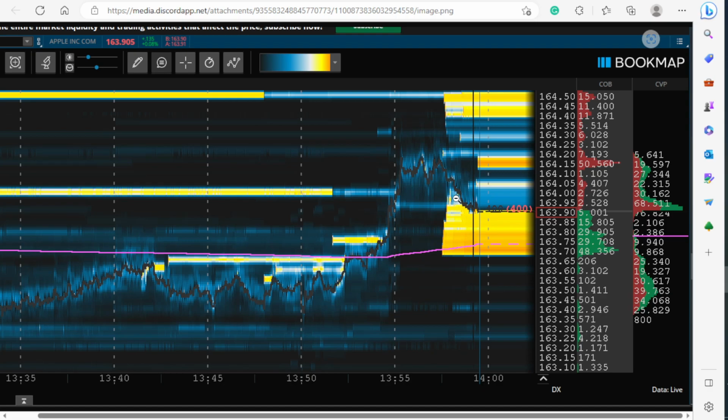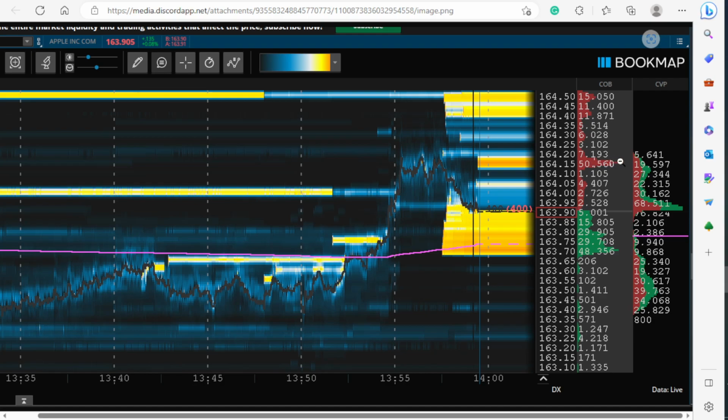It looks crazy, I know, but look what's going on right here. At 164.15, there was a ton of shares just sitting there to be sold. But you can also see a fair amount of buyers here at 163.70. Once we get up to this 164.15 level, there's essentially what you call a sell wall.